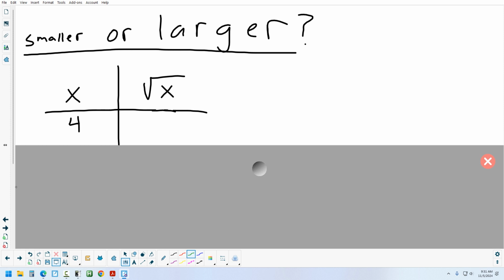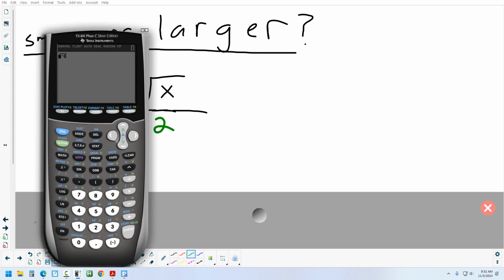So let's try this one. If x is 4, what would be the square root? We'll just do the principal root. What's the square root of 4? 2. So in that case, when we took the square root, did it get smaller or larger? Got smaller.